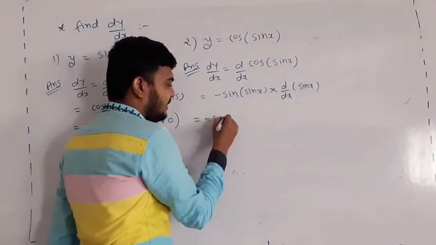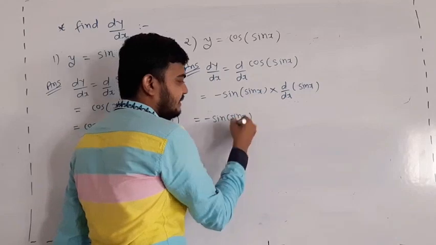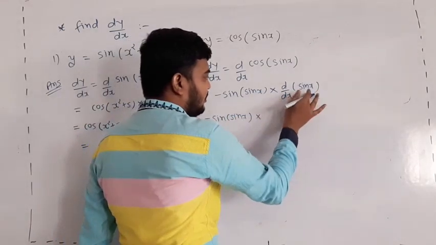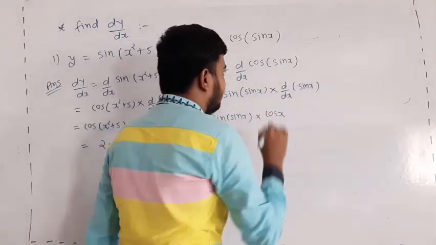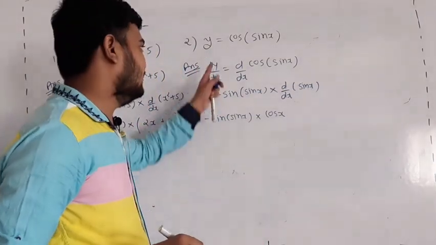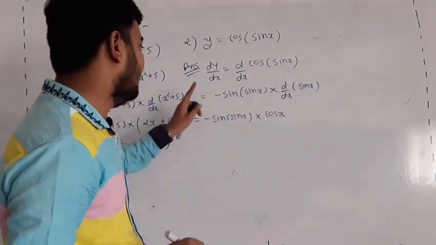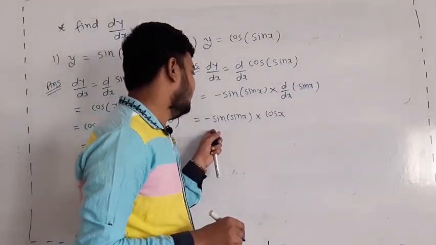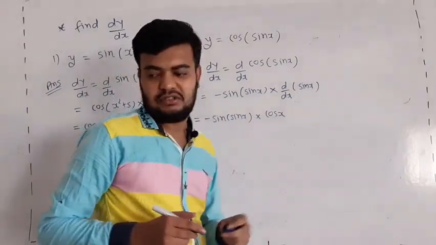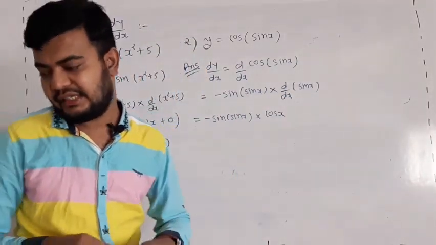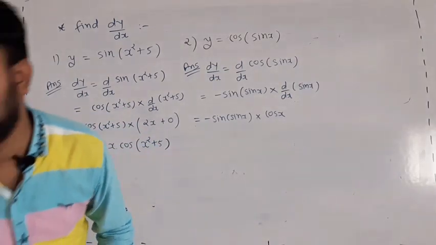So minus sine of sin x as it is, and now the derivative of sin x is cos x. So if y is equal to cos of sin x, then dy by dx is equal to minus sine of sin x cross cos x. Okay. Now taking the third example.